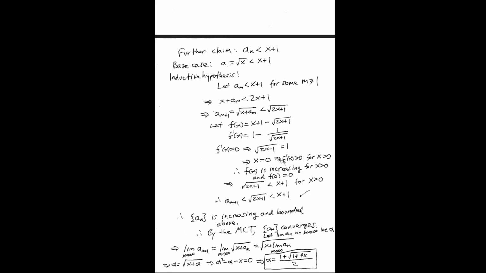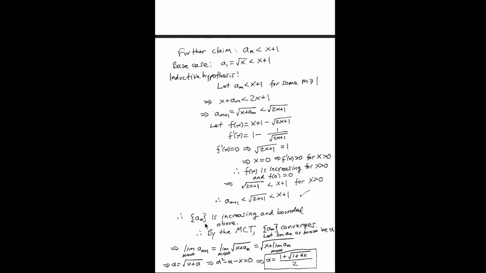So we started with assuming am is less than x plus 1, and we wound up finding that am plus 1 is less than x plus 1. Therefore, we have shown both parts of our proof, where we needed to show an increasing sequence and an upper bound of the sequence.